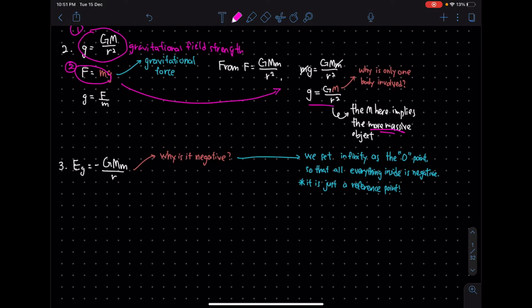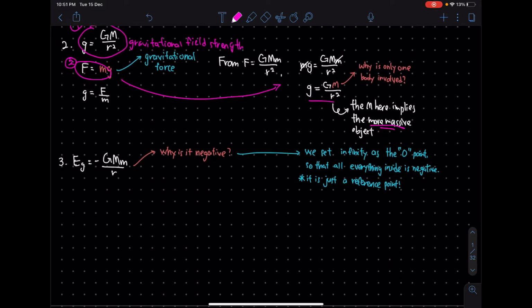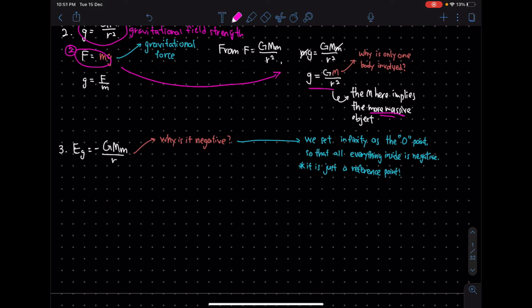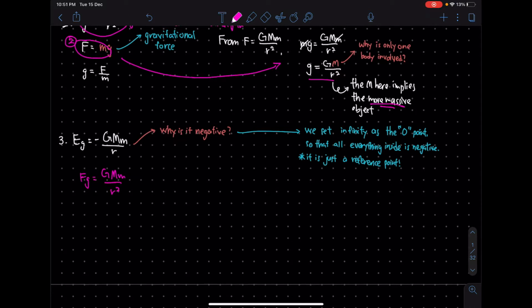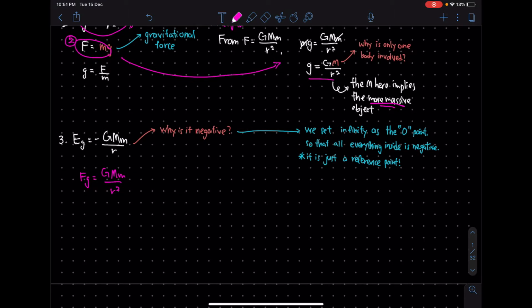Next we'll go on with the gravitational potential energy. The concept is quite simple. If you look at it, it somewhat resembles the gravitational force, which I'll write down here: Fg equals GMm over r squared. The way that you might be able to string a connection between them is to use the work done concept.